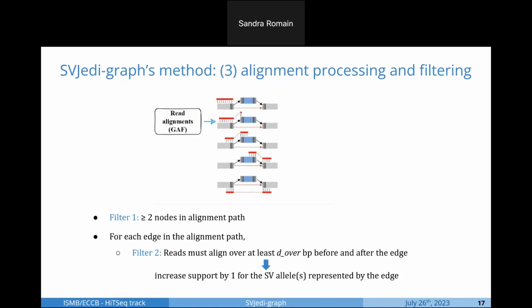For that, we use two filters. The first one is to only keep alignments that have at least two nodes in their alignment path, as we use the information of covered edges to estimate the genotypes of the variants.